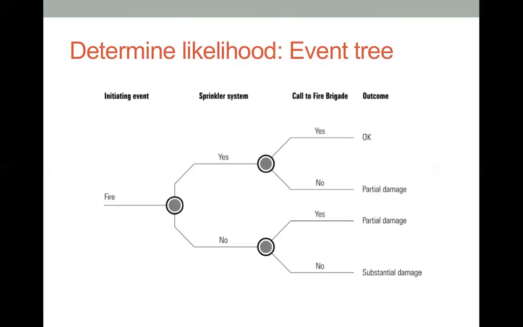The initiating event here, let's say, is fire, and it includes several systems, like the sprinkler system and calling the fire brigade, and the last one is the outcomes. We analyze the probability for each system, like the sprinkler system, and based on that, we analyze what action we need to take, either we need to call the fire brigade or not, and so on and so forth. So this is basically the event tree.